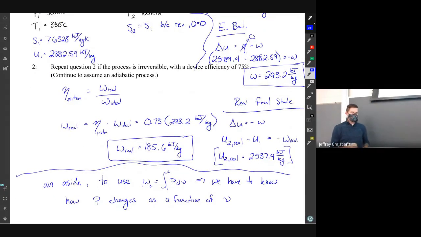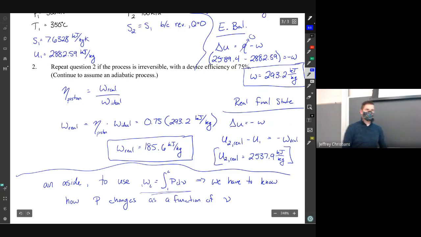Liz brings up a really good point that there are different ways that we can do the same problem. Energy balances are true, and an equation like this is also true.